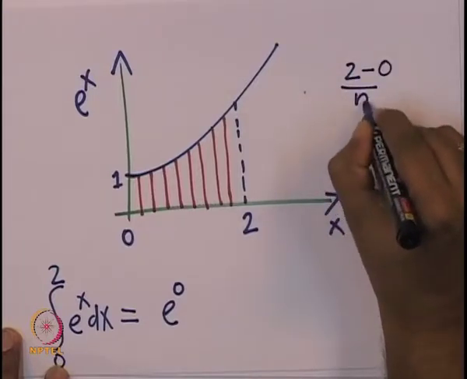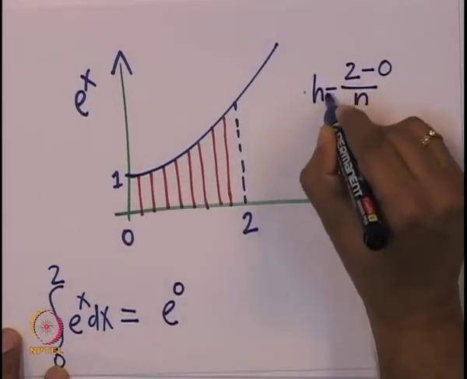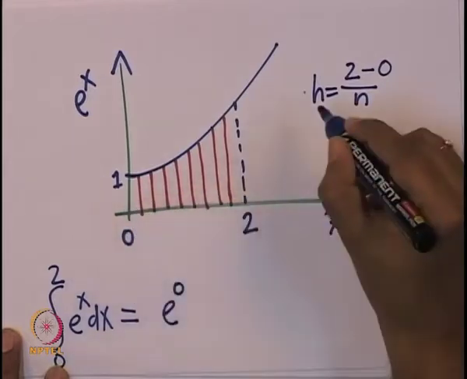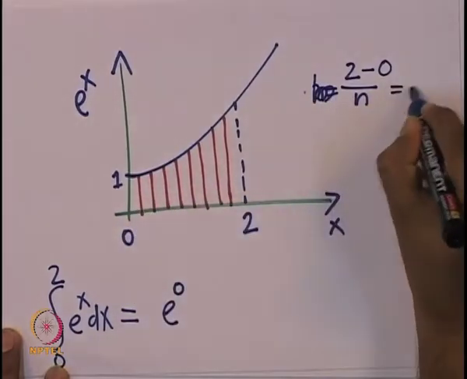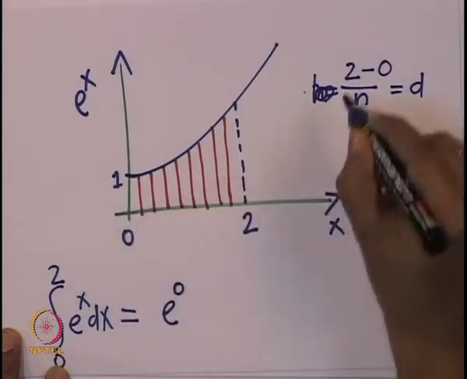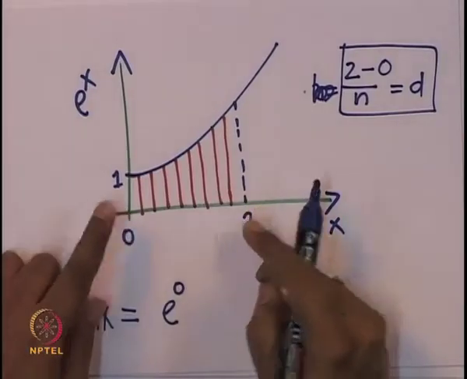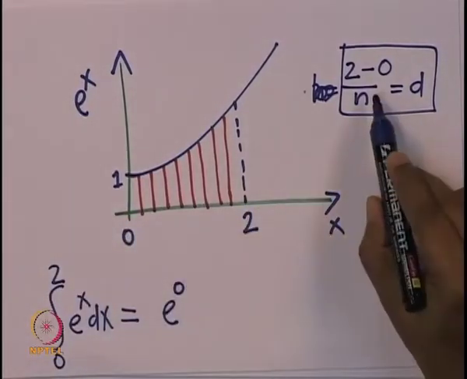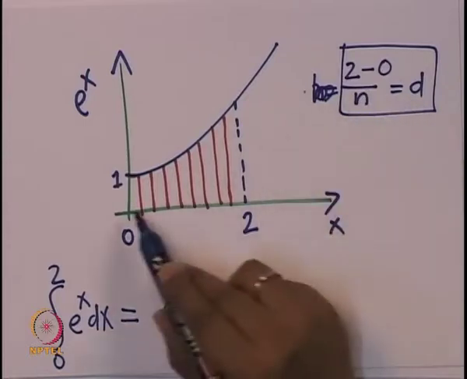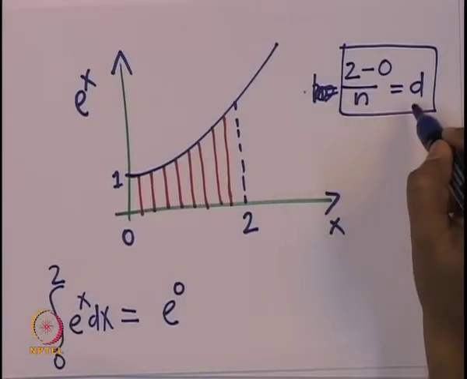Each interval will be 2 by n. Let me call d the width of this interval. So, this d will be 2 by n, because between 0 and 2 I divide into n intervals. All of them are equal intervals, so each interval will have width 2 by n.